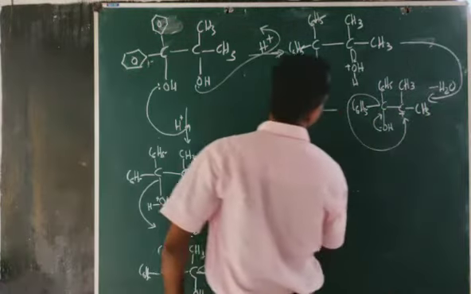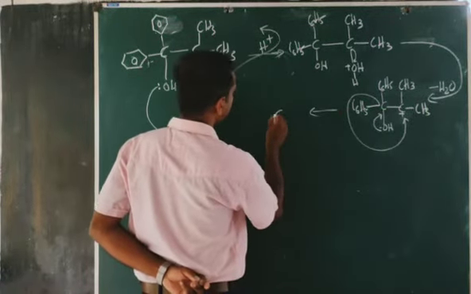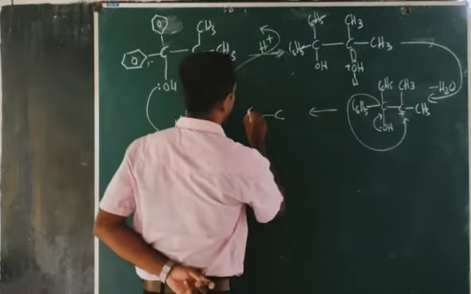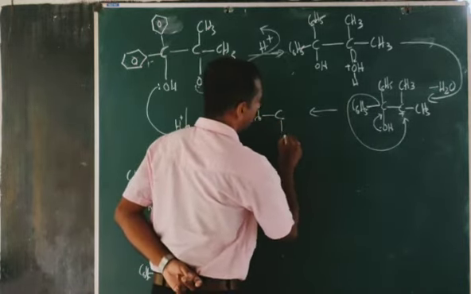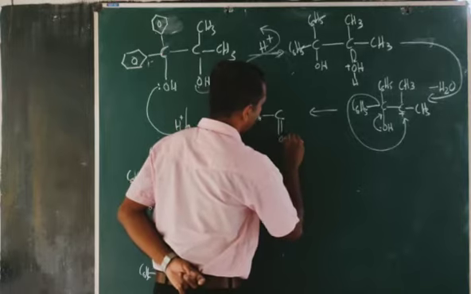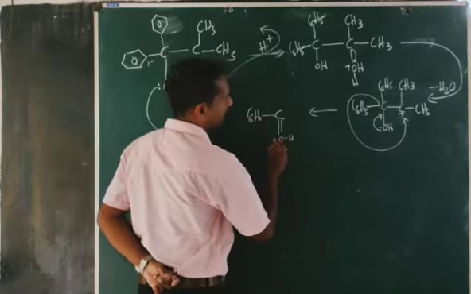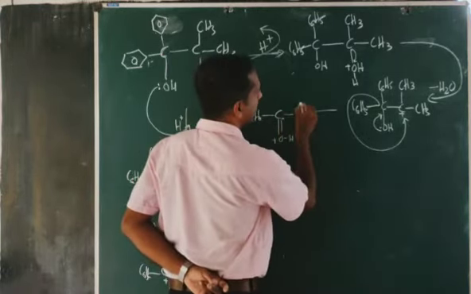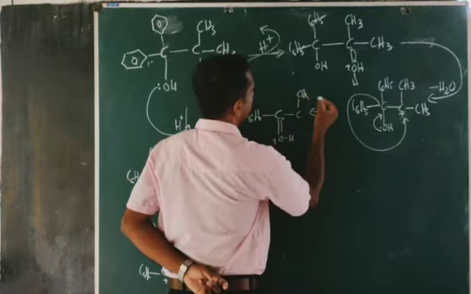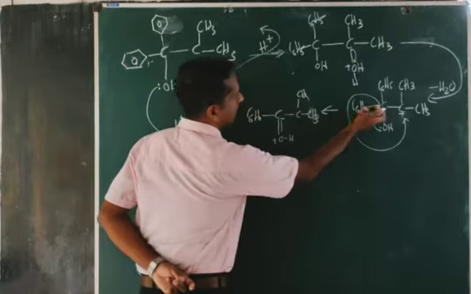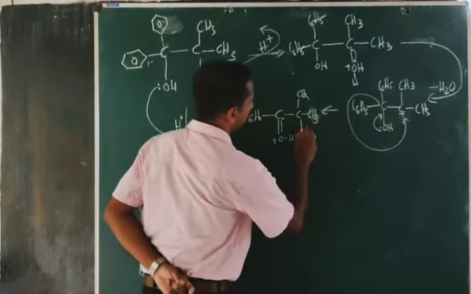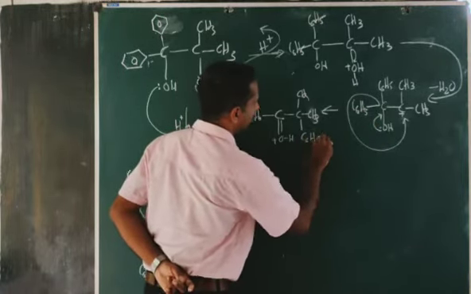So we are getting C, and here I can show this C6H5 like this, and here it is O double bond OH, correct? And of course it will get a positive charge, and here it is CH3, here also CH3, and this phenyl group is attached to this carbon, so here it is C6H5.